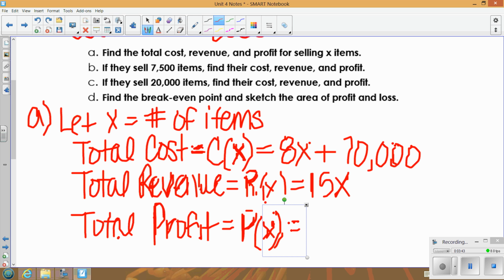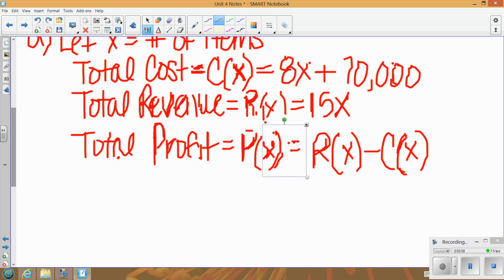So it's going to be the revenue minus the cost: R of x minus C of x. We haven't talked about functions yet, so don't worry so much about this notation. It's really just saying profit equals revenue minus cost.